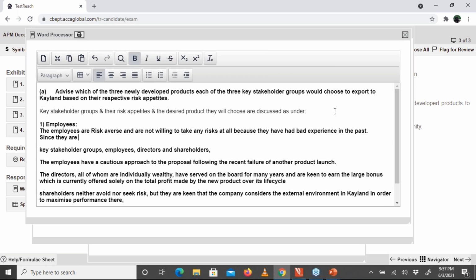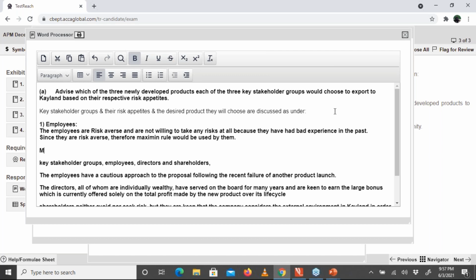Since they are risk averse, therefore the maximin rule would be used by them. The maximin rule would mean that we are maximizing the minimum payoff.